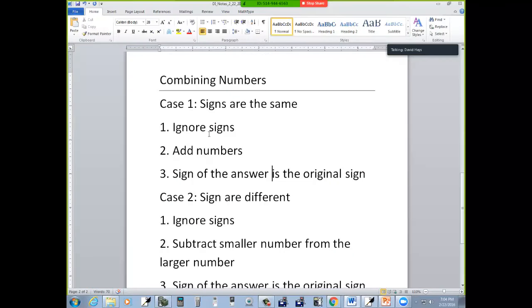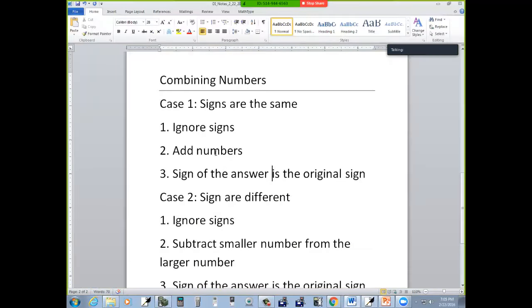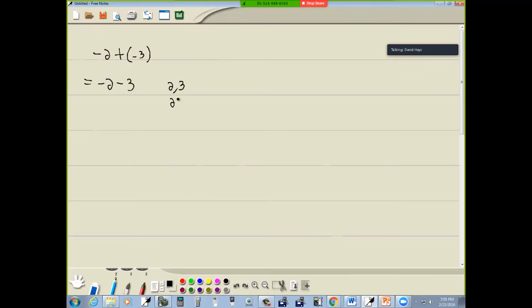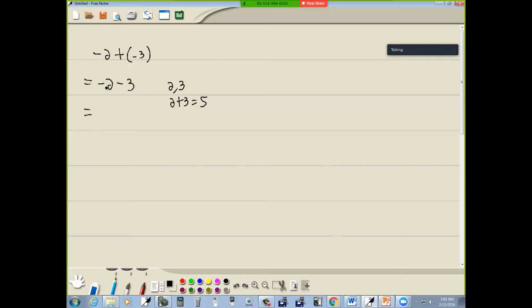So step 1 says we ignore the signs, so I'm looking at 2 and 3. We're going to add the numbers. 2 plus 3 gives us 5. And it says the sign of the answer is the original sign. Well, they originally both were negative, so this will be a -5. And that's our answer.